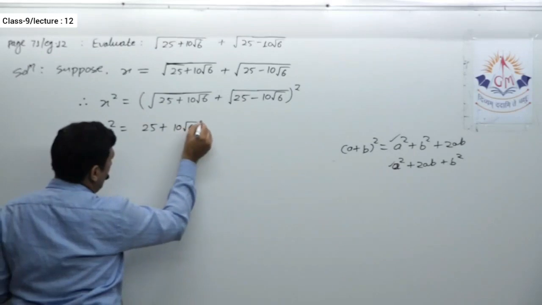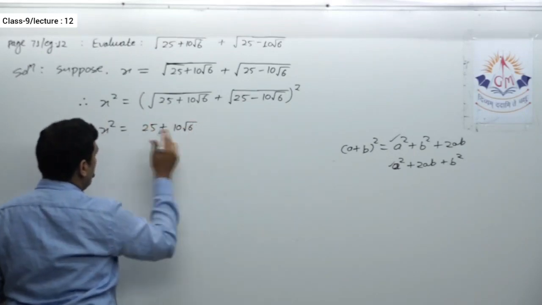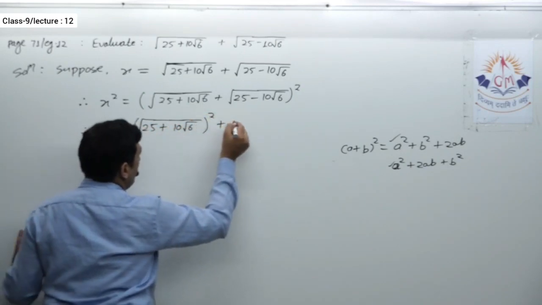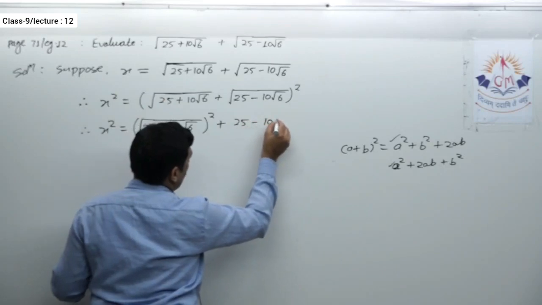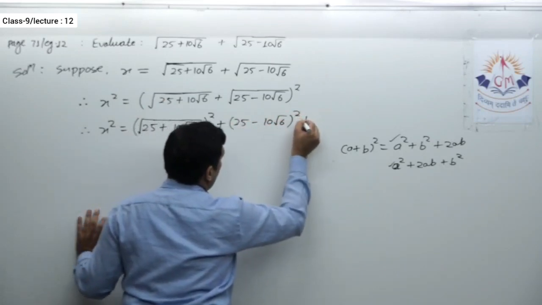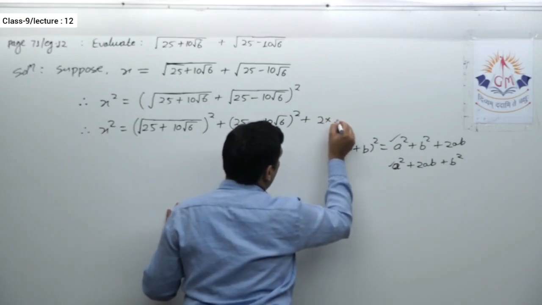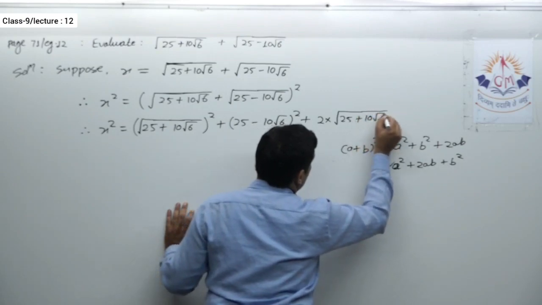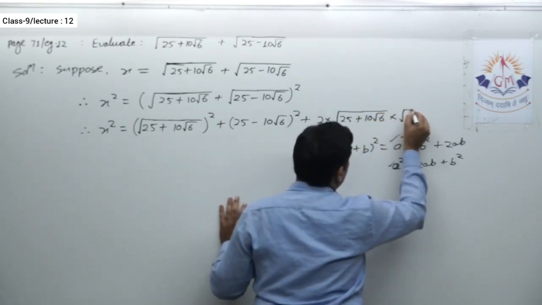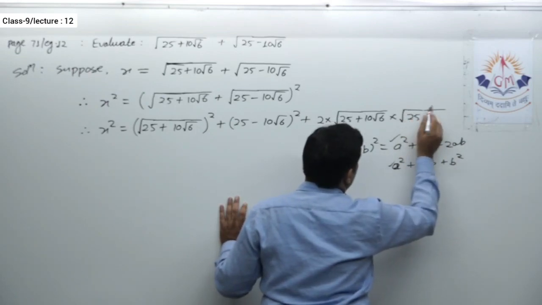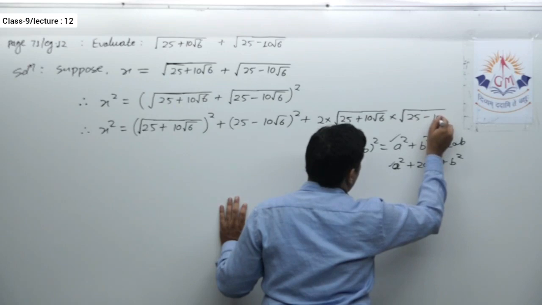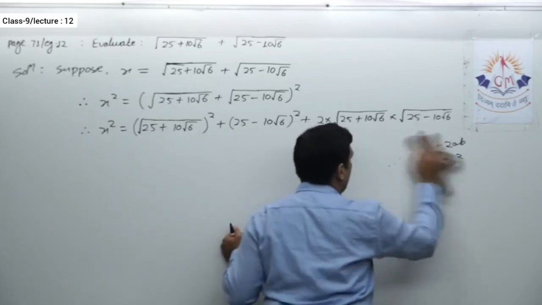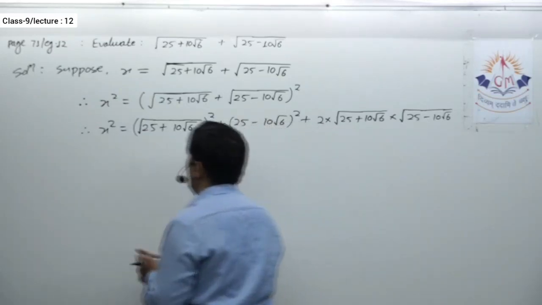This particular step is not necessary to write, but for convenience I am writing it. I simply applied the identity a plus b whole square equals a square plus b square plus 2ab.